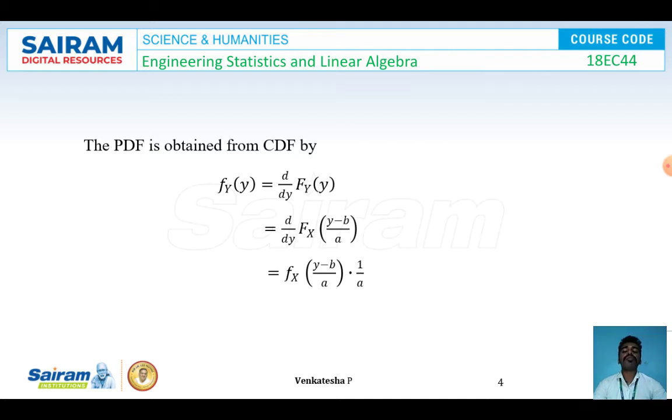Differentiating this function, I'll replace Fy of y with Fx of y minus b by a, from the previous equation. After differentiating, the PDF will be of the form fx of y minus b by a into 1 by a. So the density function fy of y can be represented as fx of y minus b by a into 1 by a.